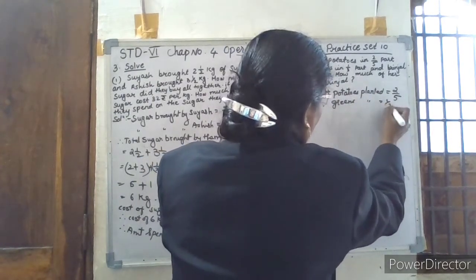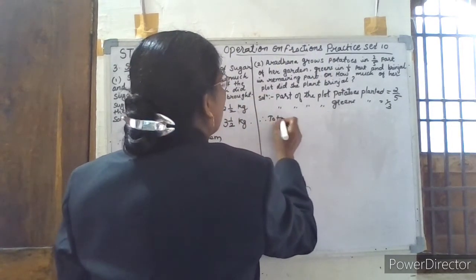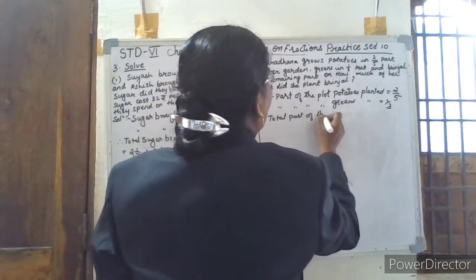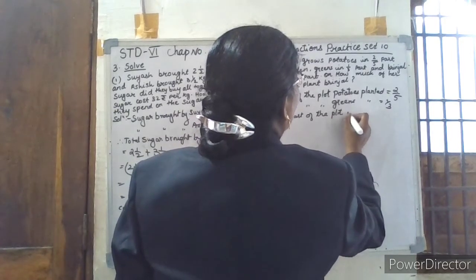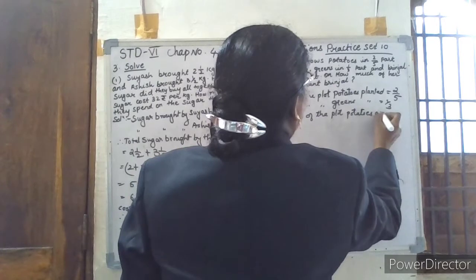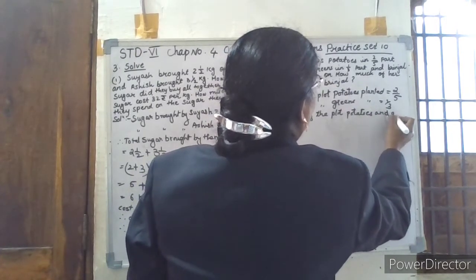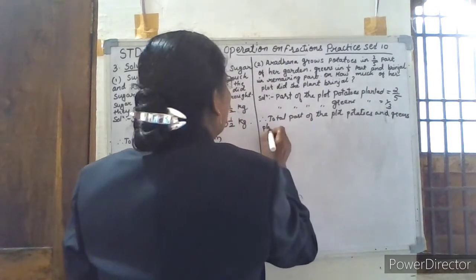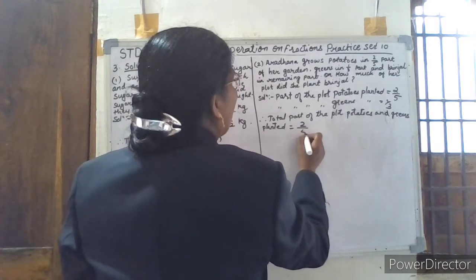So total part of the plot, potatoes and greens planted is equal to 2 by 5 plus 1 by 3.